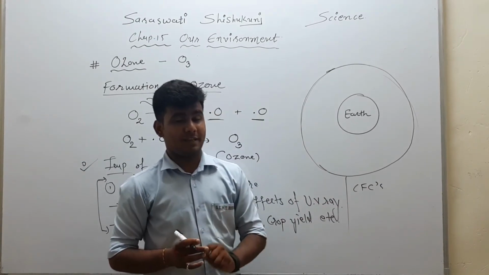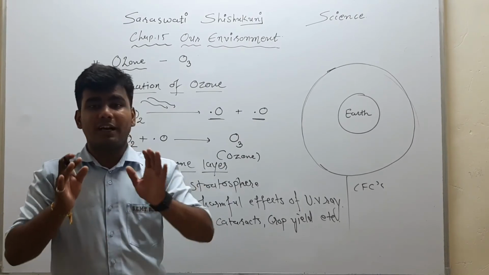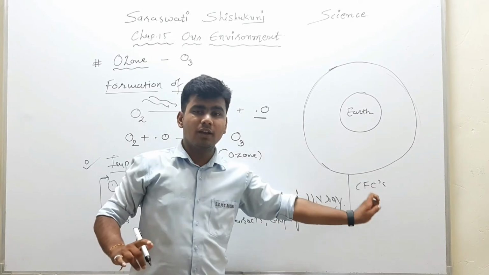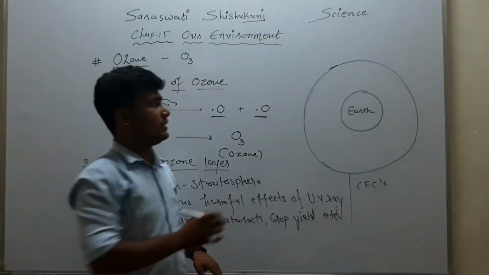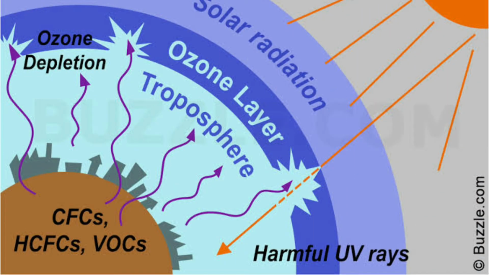CFC means chlorofluorocarbons. CFCs are the compounds which contain chlorine, fluorine and carbon. These CFCs break down the molecules of ozone and create the ozone hole, right?